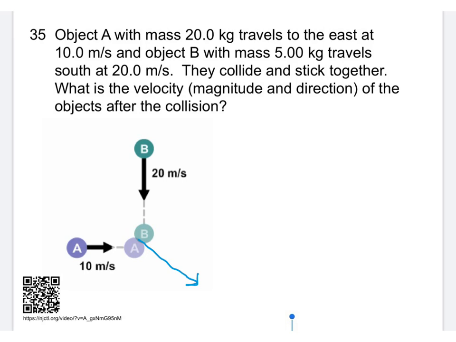We've got object A is mass 20 kilograms times 10 meters per second. So this is object A's initial velocity in x. This is going to be momentum in x initially. That's maybe 200. Would y'all agree with that? That's this object's momentum in x.